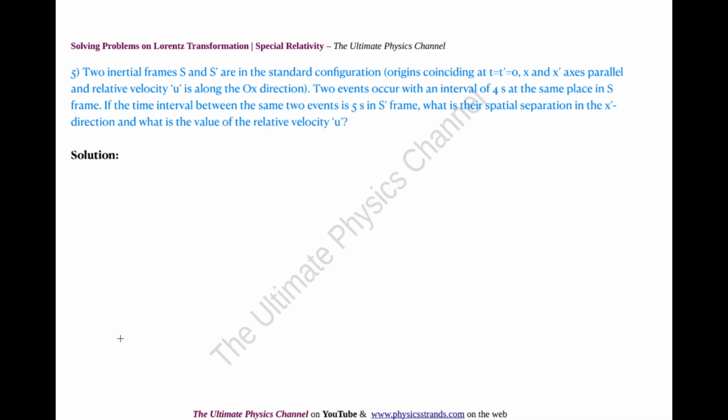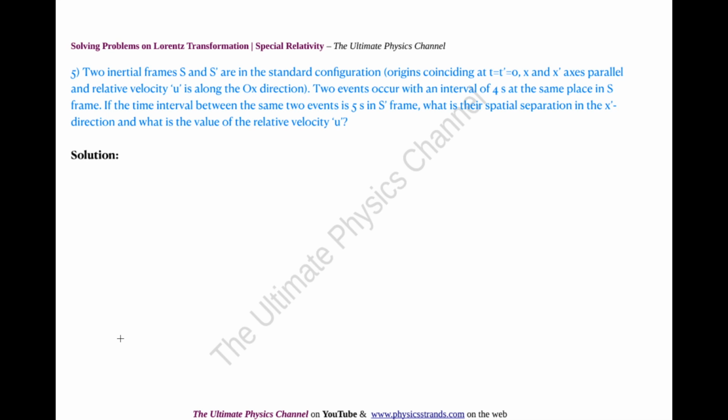Two events are occurring with an interval of 4 seconds at the same place in the S frame. If the time interval between the two events is 5 seconds in the S prime frame, what is their spatial separation in the X prime direction? And what is the value of the relative velocity u between the two frames of reference? This is the question here.